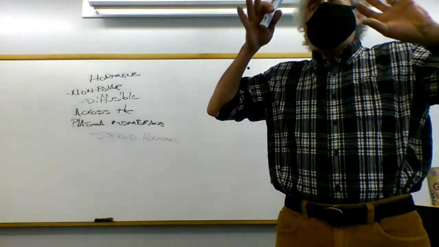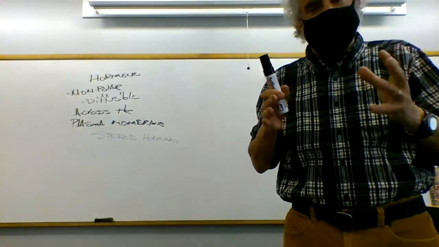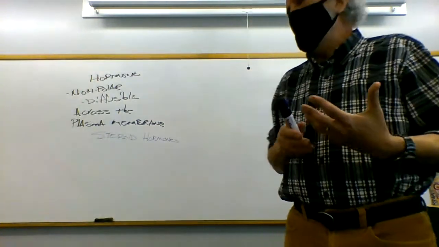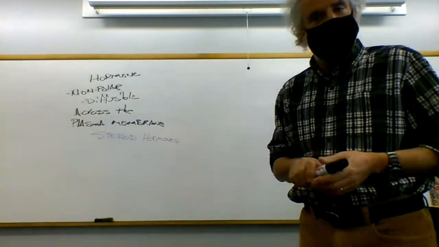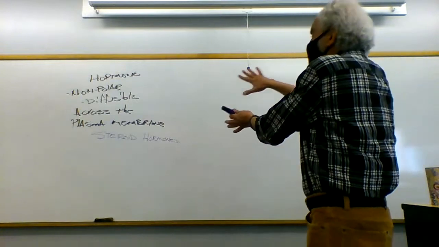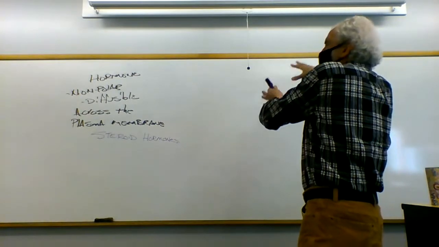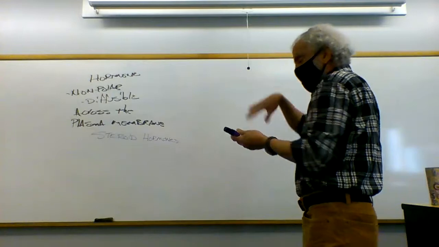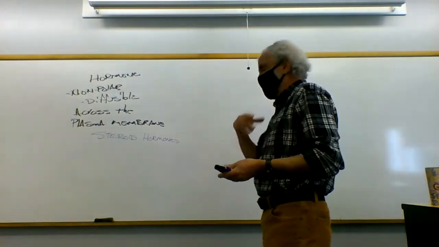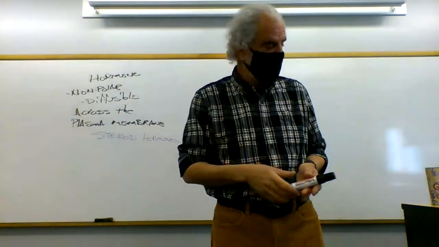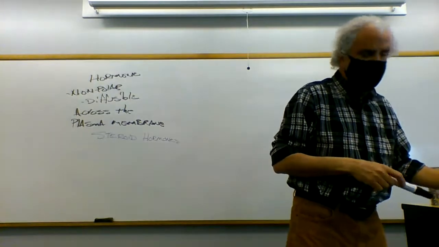And so one of the first things we can ask is the mechanism of steroid hormones. We'll get into the polar non-diffusible guys in just a moment, but let's take a moment here to talk a little bit about steroid hormone mechanism. And we'll be hitting back and forth on this.